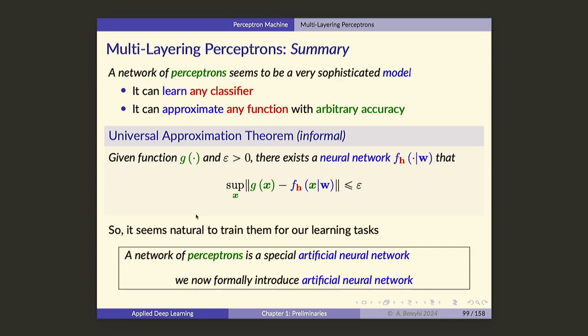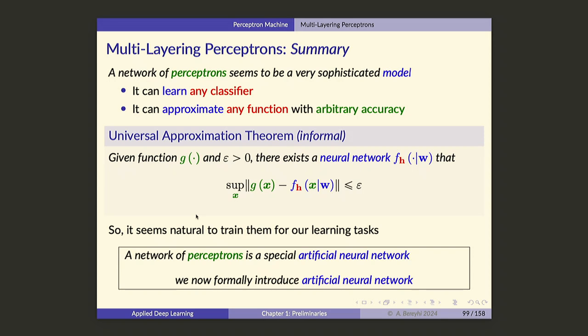So if I have any function g, any function that you can think of, but assume that this function is a kind of nice function, under a kind of regularity constraint, so the function is not crazy going up or down, then you can always make a network of perceptrons, or what we from now on are going to call a neural network.